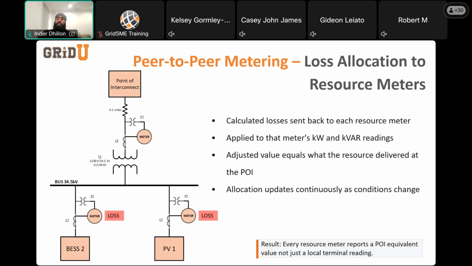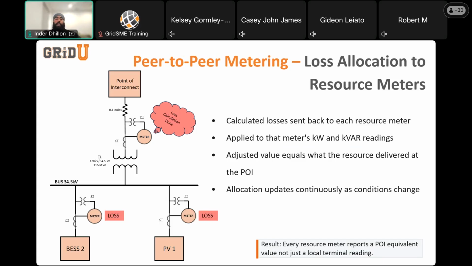So after the calculating meter determines the losses, those values are then sent back to each resource meter. Each resource meter then applies its portion of the losses to its own measurement. This adjusts both real and reactive power values at each resource.